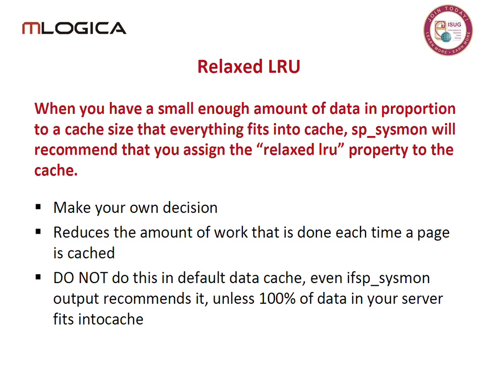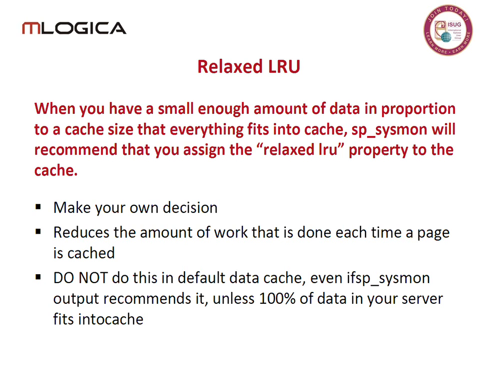The idea behind the relaxed LRU is that when we're managing cache, in general, the cache is managed on a first-in, first-out basis. So a page starts at the first in, then walks through the page chain, and then falls off the end of the queue.